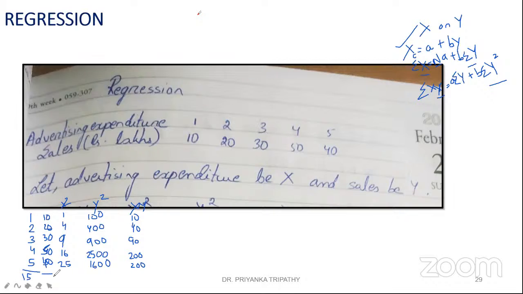Quickly, all of you find the total. Let me see who is doing fast, you or me. Similarly, we will find the total for x square. We will be finding the total for y square.